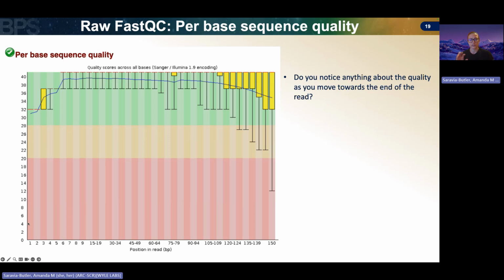Really nice because it did the conversion of those ASCII characters into Q-scores. And as we remember for both the intro module set and earlier in this lecture, the higher the Q-score, the higher the quality. So the question here is, do you notice anything about the quality as you move towards the end of the read?